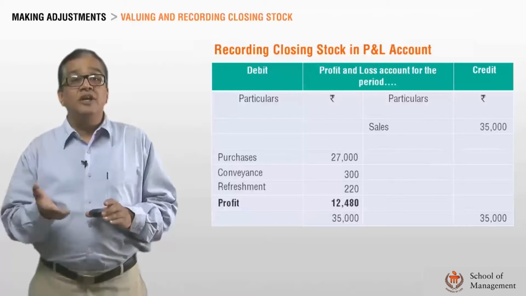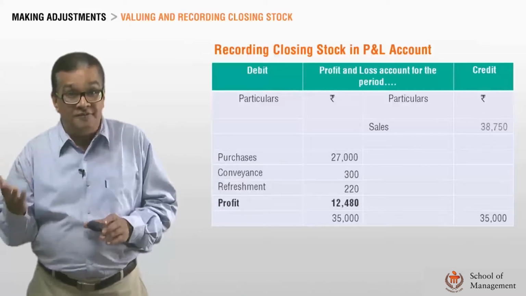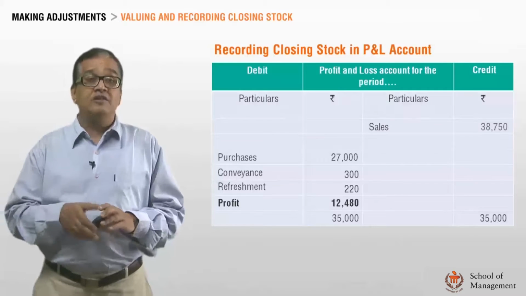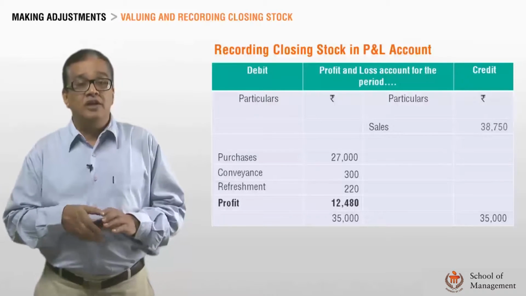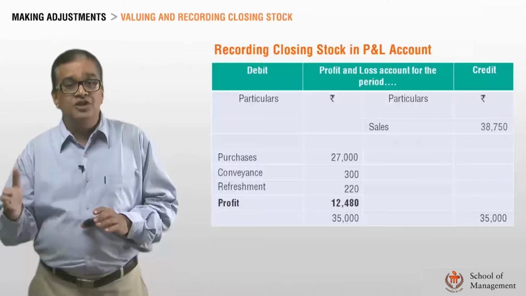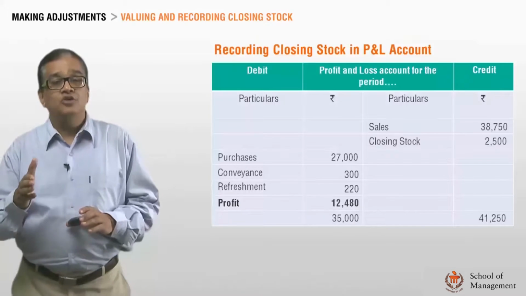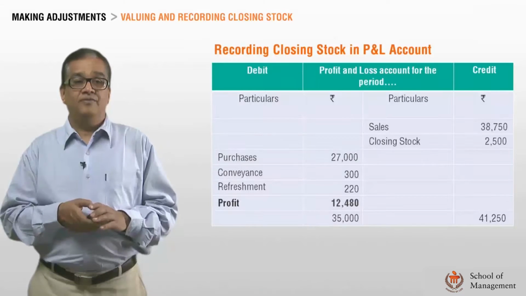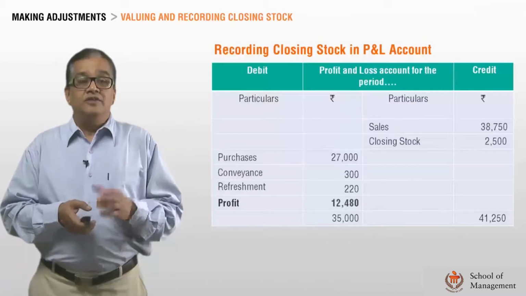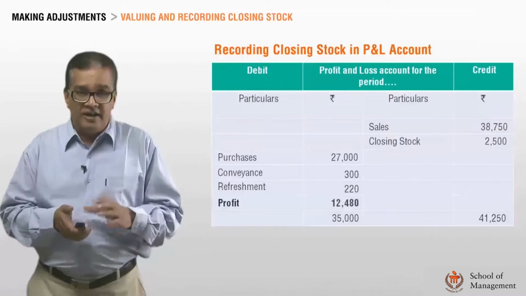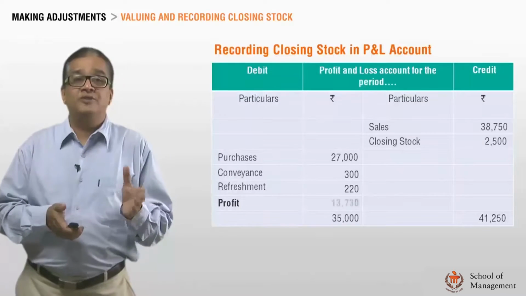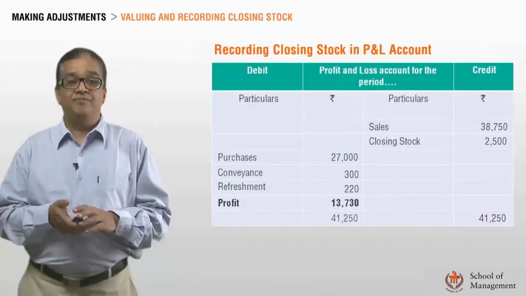The sales will increase by 3,750. Additionally, on the credit side of P&L account, we shall mention the closing stock as rupees 2,500. This automatically shows the profit as rupees 1,250.